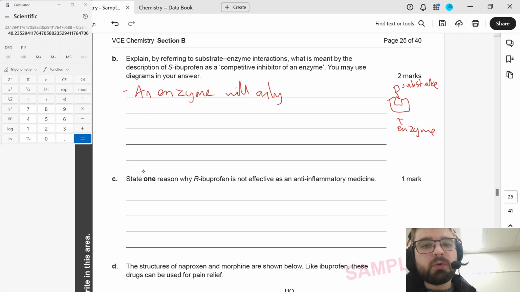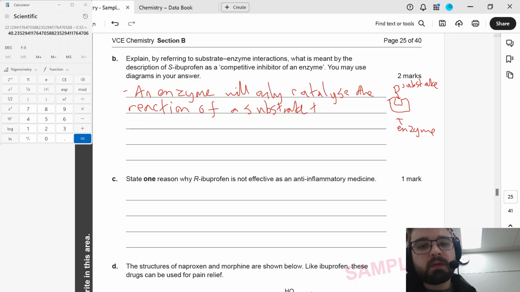So an enzyme will only catalyze the reaction of a substrate that is complementary to its active site and can bind to it.